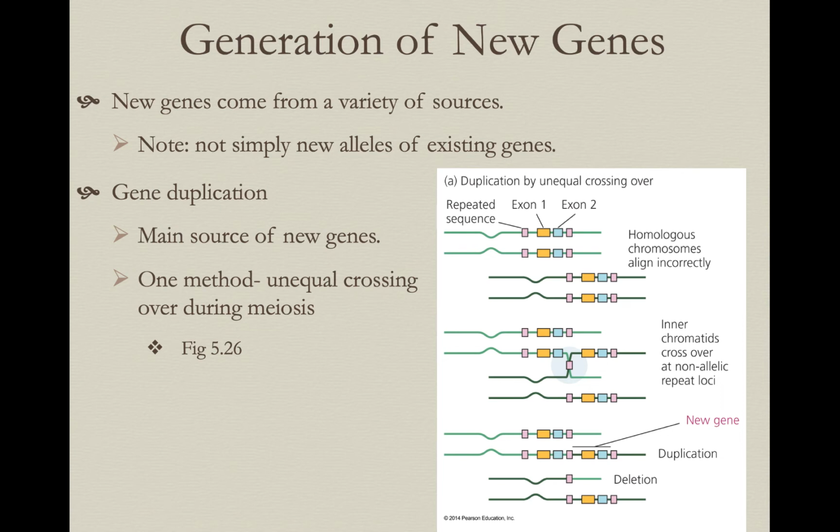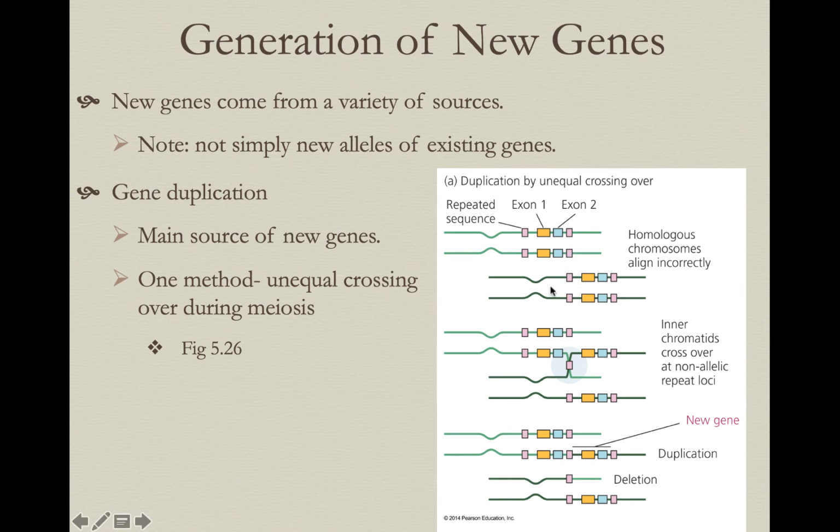Sometimes gene loci are similar enough that there are pairing irregularities, and this could actually be due to some past errors in DNA replication. So for example, here we have two pink sections that are due to past mutations, and they're fairly closely aligned on this chromosome such that this homologous chromosome and this homologous chromosome don't line up correctly.